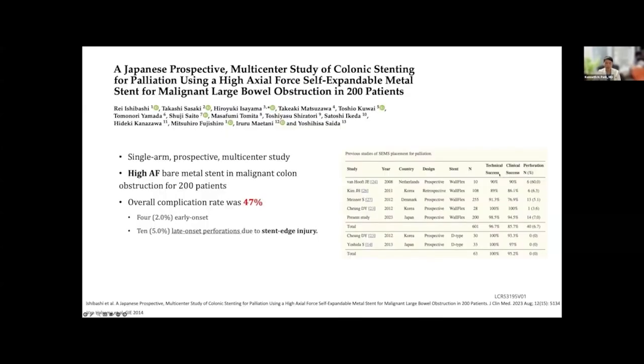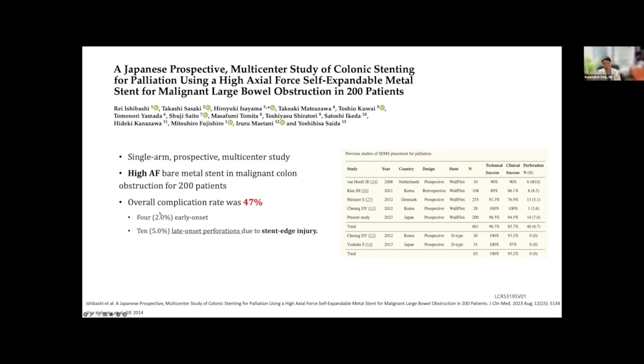Okay. What about in the colon? This is a Japanese prospective multicenter study on colon stenting for palliation, looking at patients with malignant large bowel obstruction. They only looked at the high axial force stents in around 200 patients.